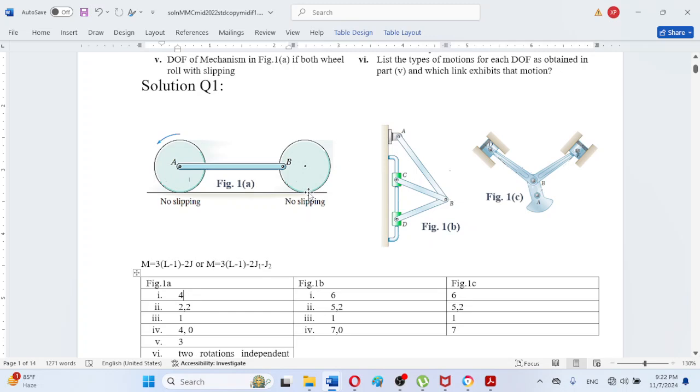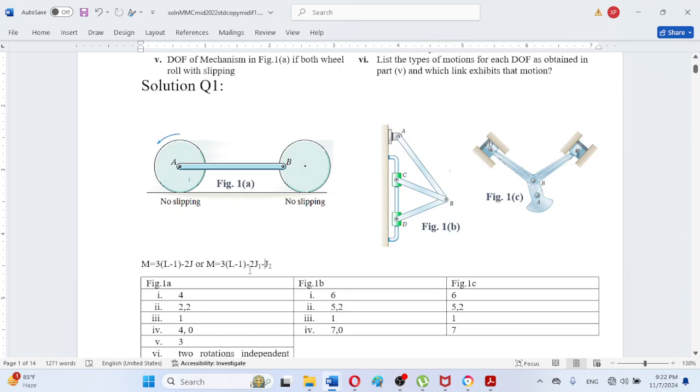So these have become 2 freedom joints. 2 freedom joints are denoted by J subscript 2 in the Kutzbach modification. So the J2 value is 2, and the J1 value is also 2, as we can observe here the 2 revolutes at points A and B. So total available DOF is 9. Then 2 multiplied by 2 will be minus 4, and minus 2.